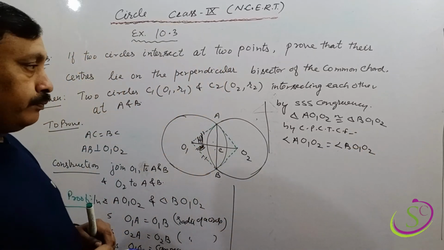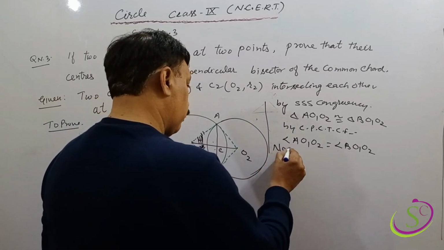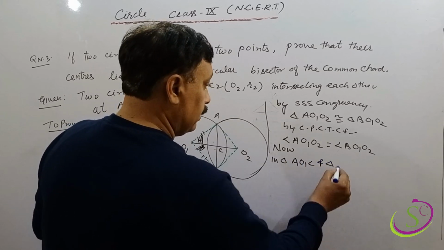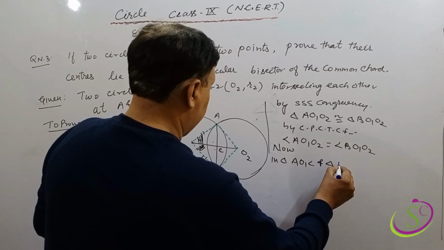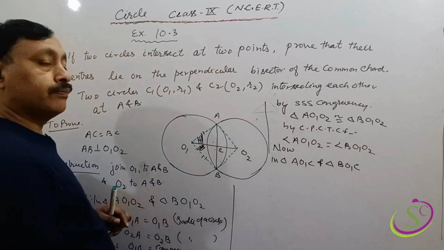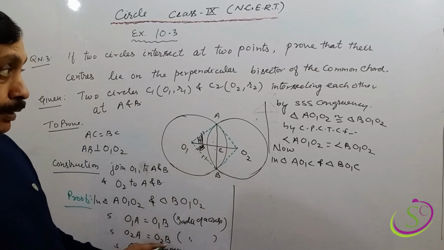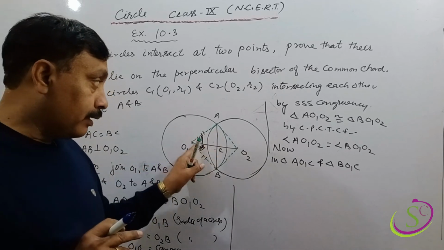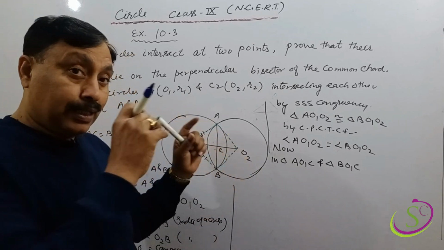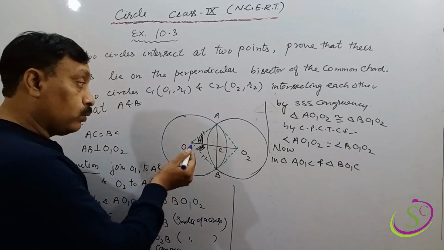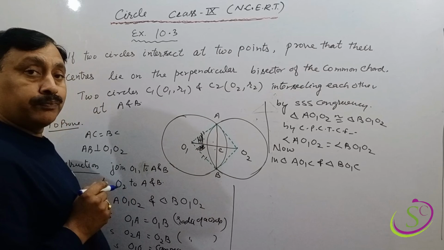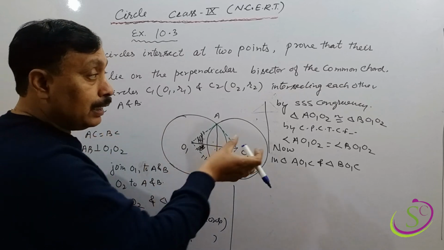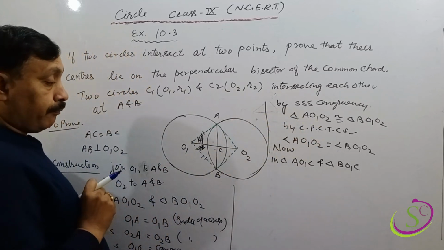Is it clear? And now in triangle AO1C and triangle BO1C, clear? Here I told you to wait one step and you will get the answer why we are taking both the triangles and why we are making both the triangles congruent. To make these two angles equal, these two angles are equal, to find this we proved this thing. Clear?